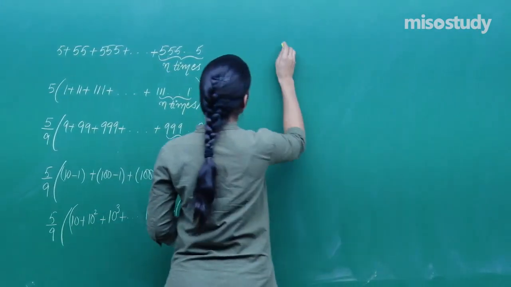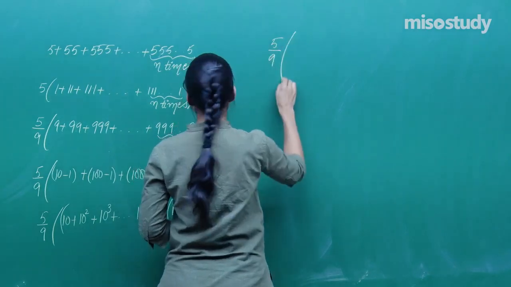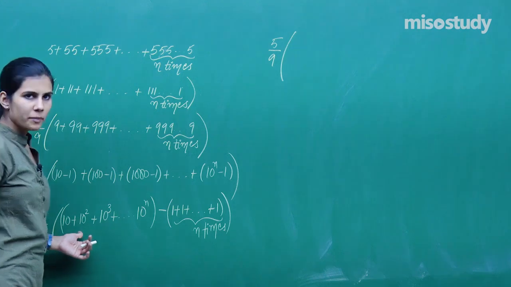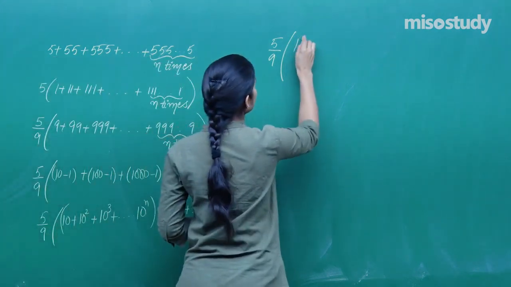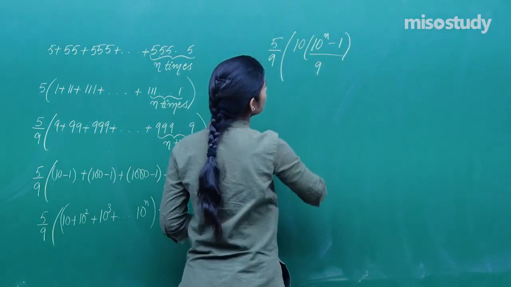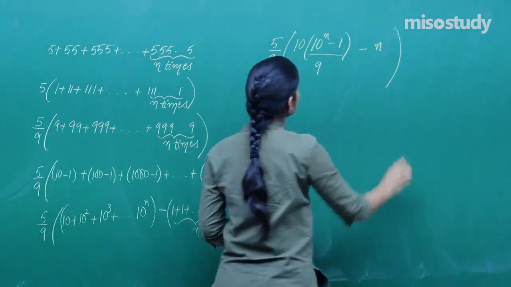Next you have 5 by 9 already there outside. If you focus over here, this is a GP with first term 10, common ratio 10. So your answer will be 10 to the power n minus 1 upon 10 minus 1, minus n.